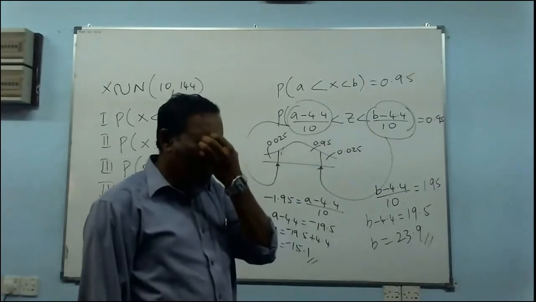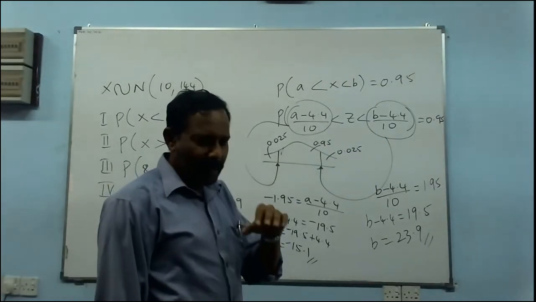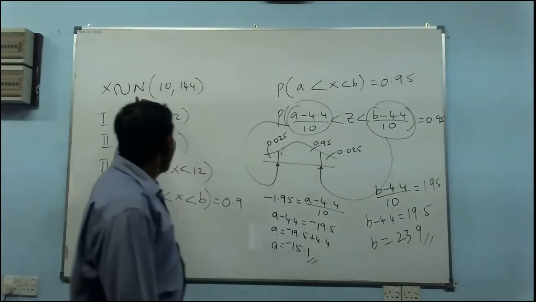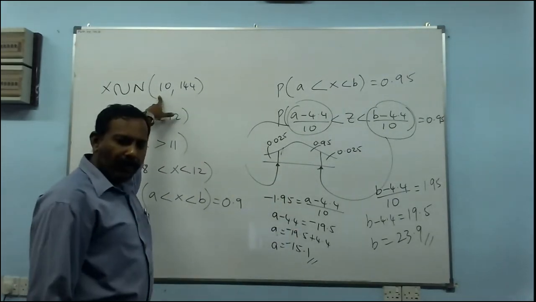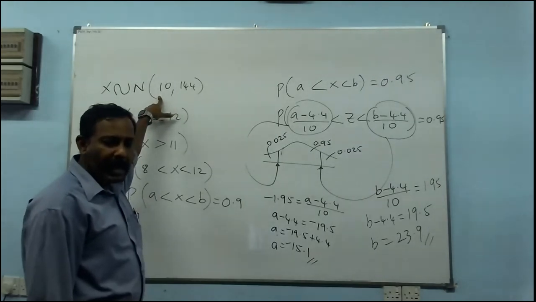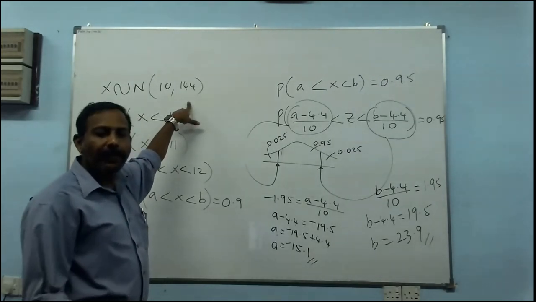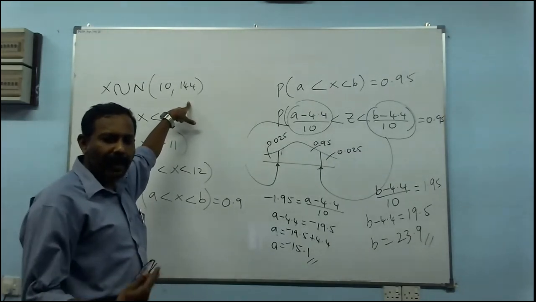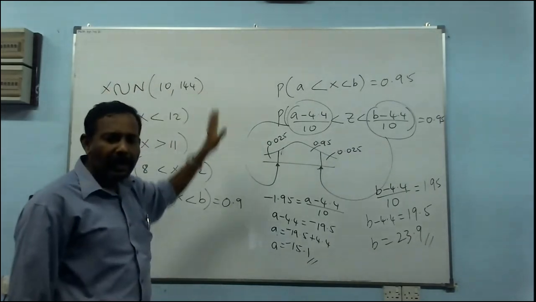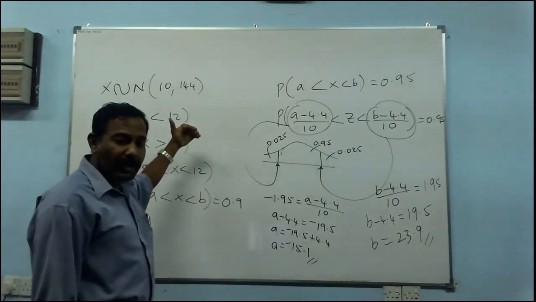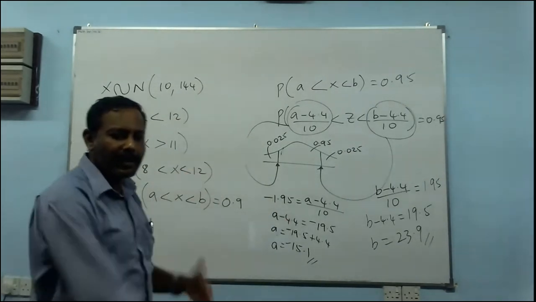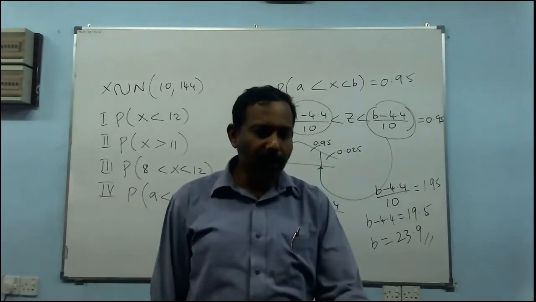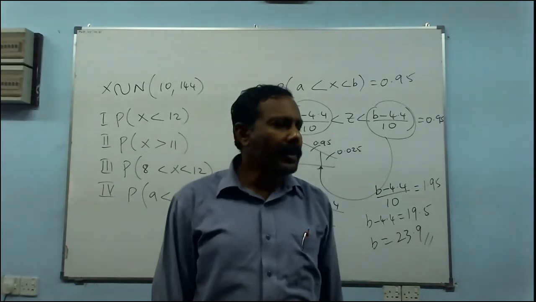No. Paddy production in Sri Lanka is distributed normally with a mean of 4.4 metric tons per hectare and a variance of 100 metric tons squared per hectare. That is how the information is available, so we cannot find the probabilities directly. That is why we are converting to the standard normal distribution. I didn't get your point.